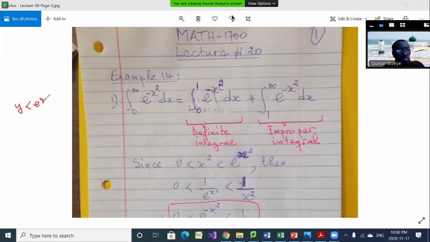That's what I use, and this is true for all y. In particular, it's going to be true when y equals x squared. It's coming from there. And the second part here, because you squared, that's why it's going to be just greater than 0.